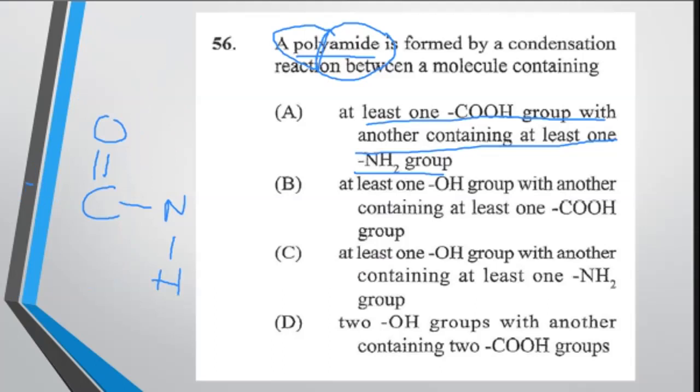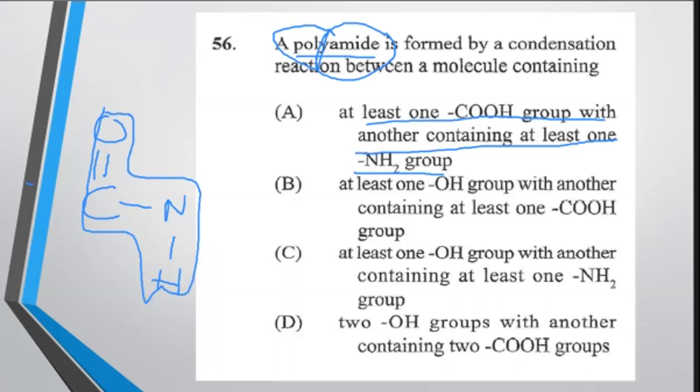It left us with C double bond O and NH. And this group that is formed here, this is your amide linkage or your peptide linkage. You find it in proteins. So it's your amide linkage or your peptide linkage.